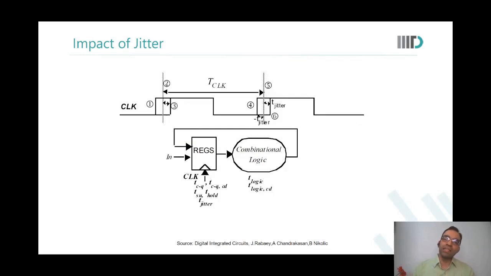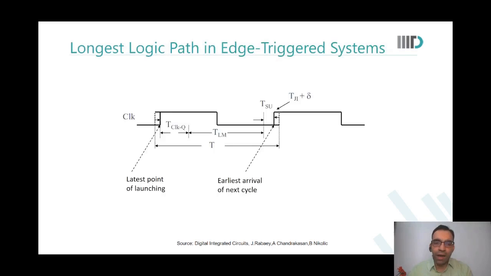For jitter, what we are saying is that there is a variation in clock arrival itself. The clock edge could arrive a little early or a little later. So now we've added this T jitter also into the timing system. Now what would be the impact on earliest arrival time or earliest launch time?